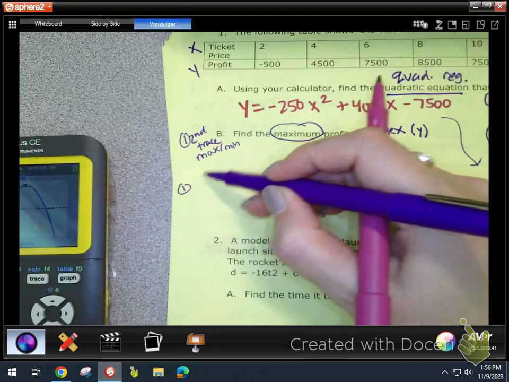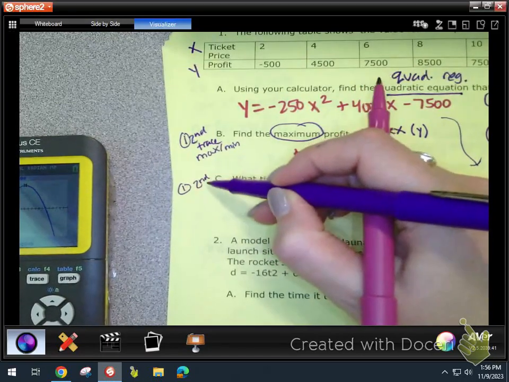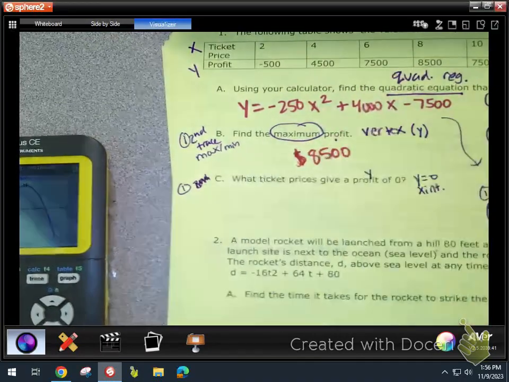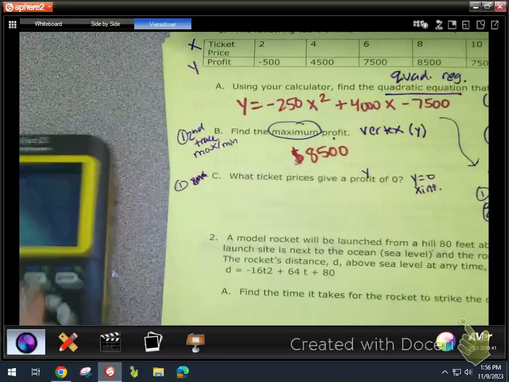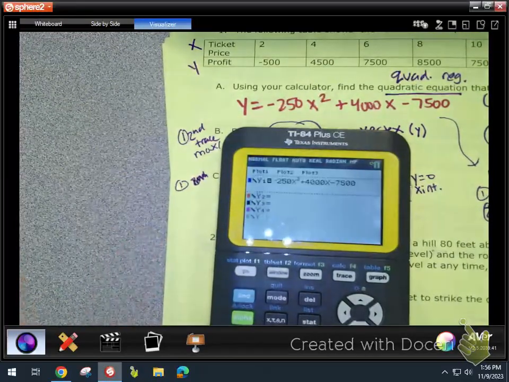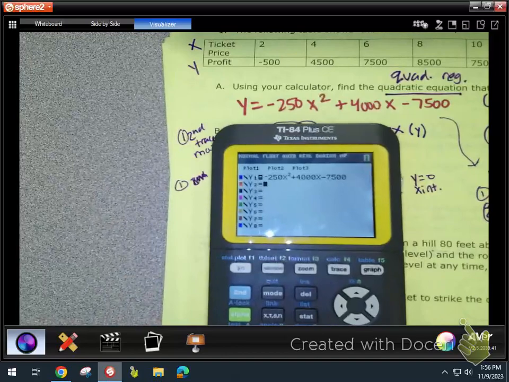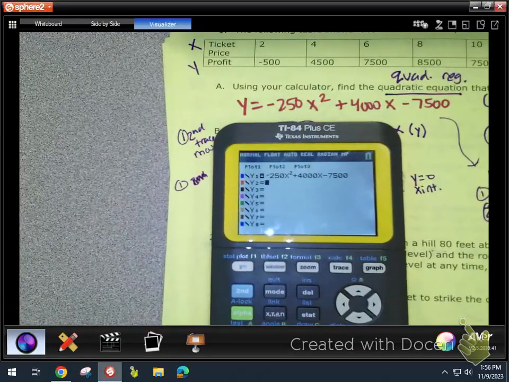First thing to do it my way. We want to know when the Y value is what? 0. Go back to Y equals. Put 0 in y2. y2 equals 0.